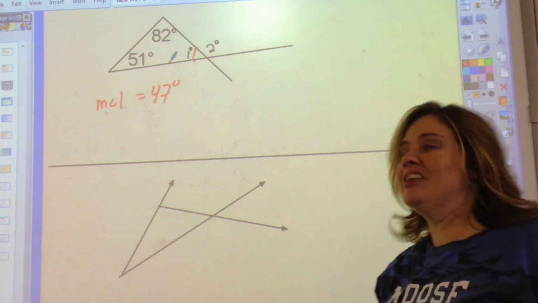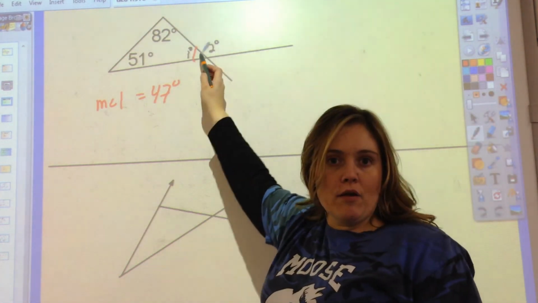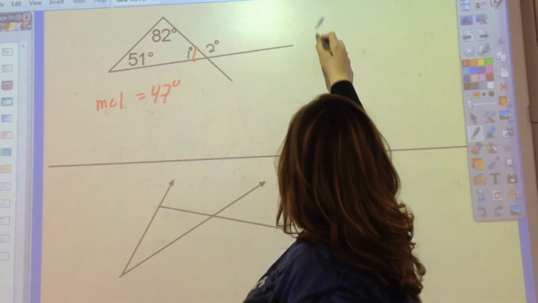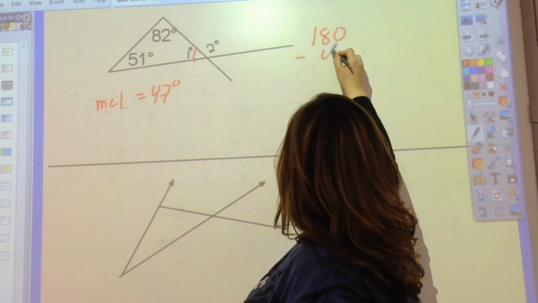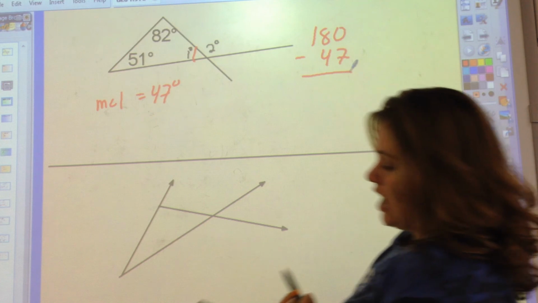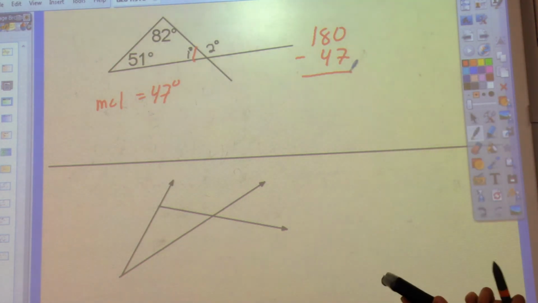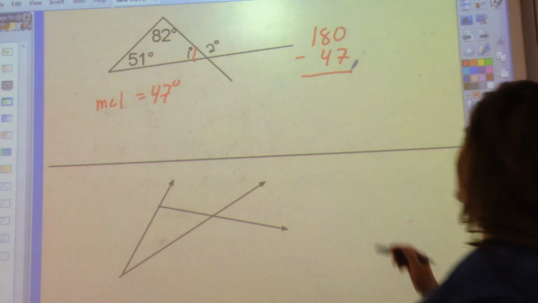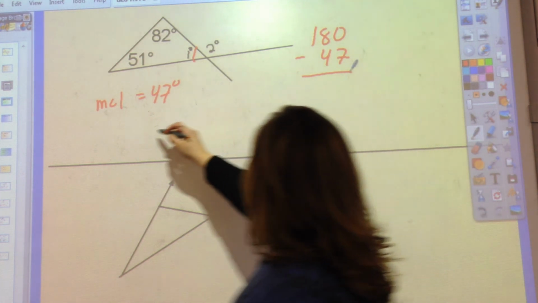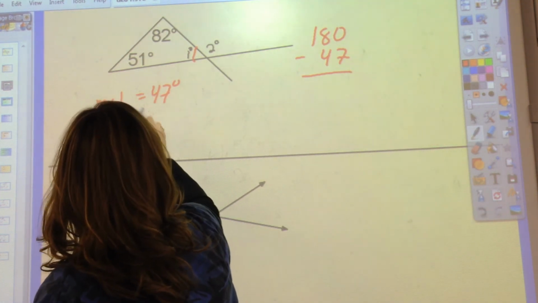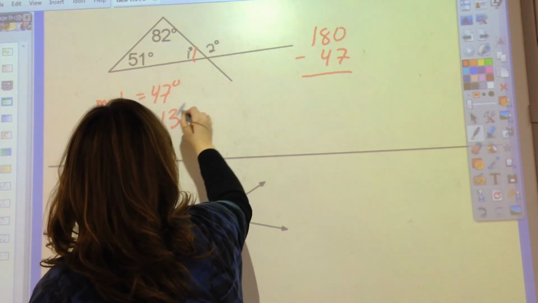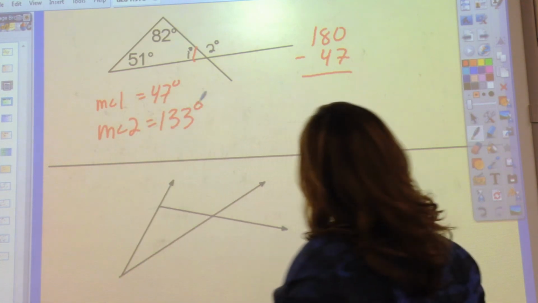I spoke too soon. These 2 angles are a linear pair by definition. And so hopefully you will agree that if I took 180 minus 47, I should end up with a measure of angle 2.